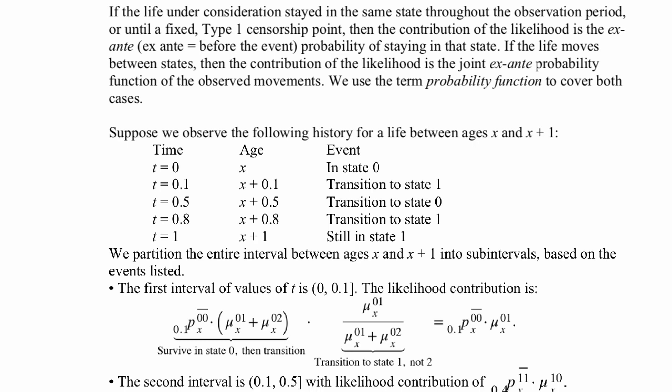If the life under consideration stayed in the same state throughout the observation period or until a fixed type 1 censoring point, then the contribution to the likelihood is the ex ante probability of staying in that state. If the life moves between states, then the contribution to the likelihood is the joint ex ante probability function of the observed movements.